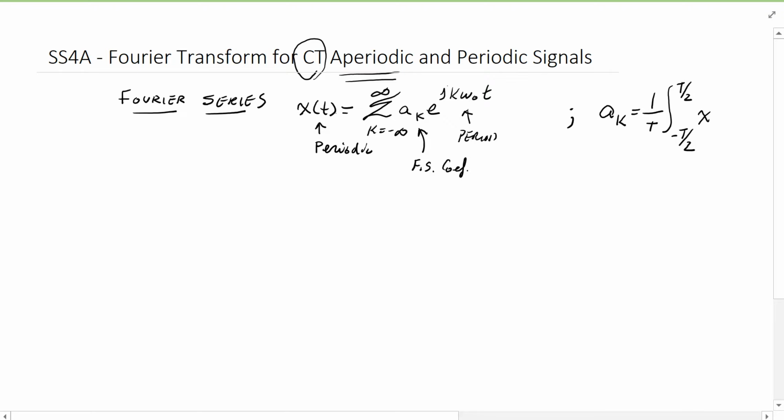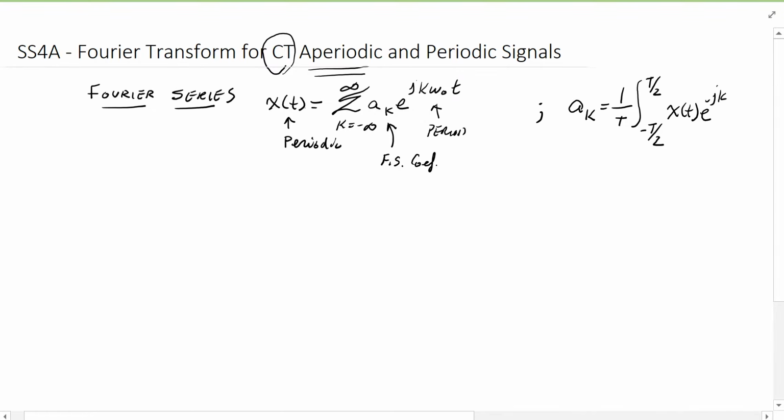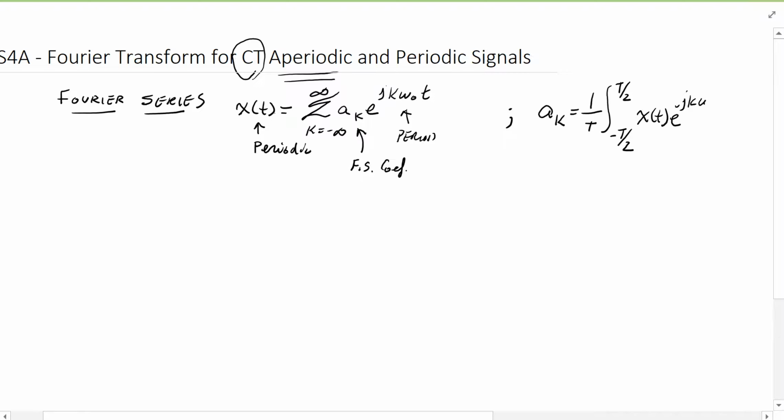We take x of t multiplied by e to the minus j k omega 0 t dt, and that allows us to find the Fourier series coefficient from the function itself. Remember, all of these rely on the fact that the signal is periodic.